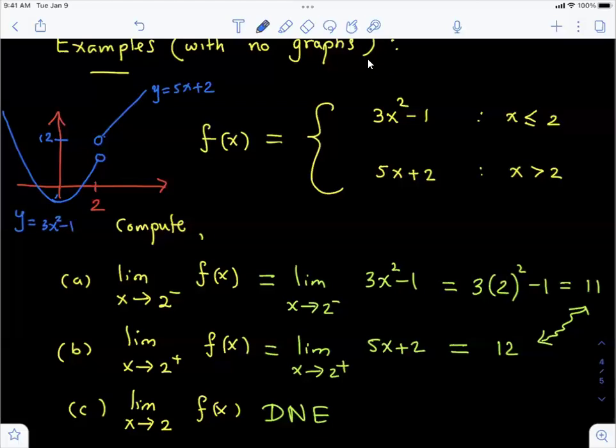Of course, this is not to scale, but can you see the left end is settling with 11, the right end is settling with 12. So this is a straight line, and this is a parabola.